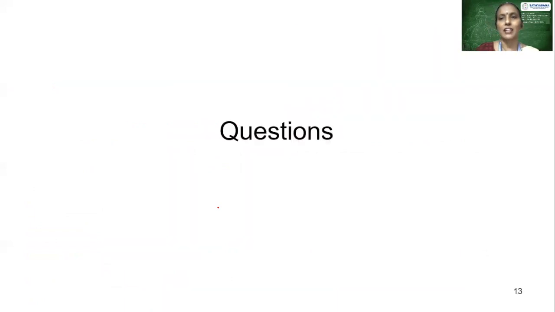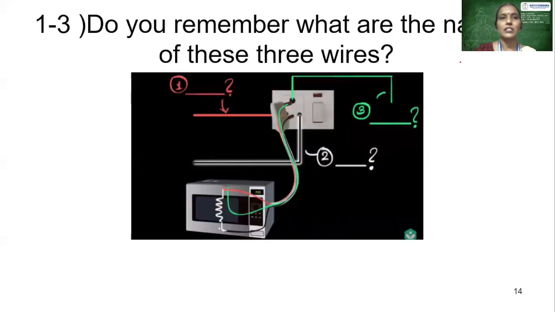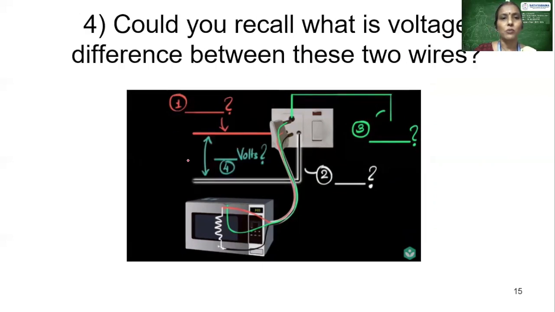Some questions are there for you, I hope you have understood this section. One question is, now I've just made 1, 2, 3 points here. Do you remember what the names of these wires are? And the fourth one, what is the potential difference between these two wires?